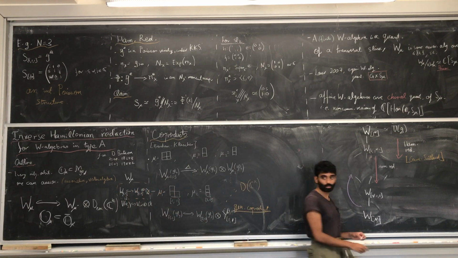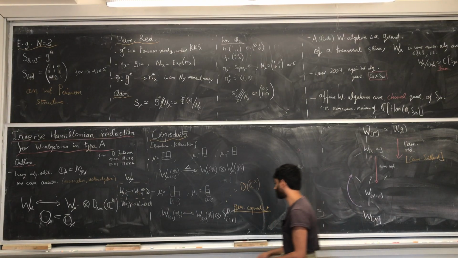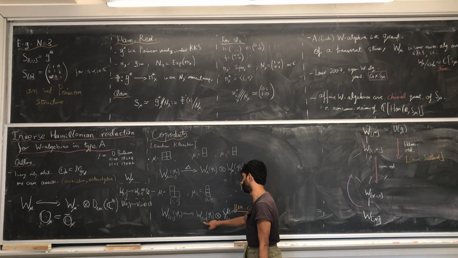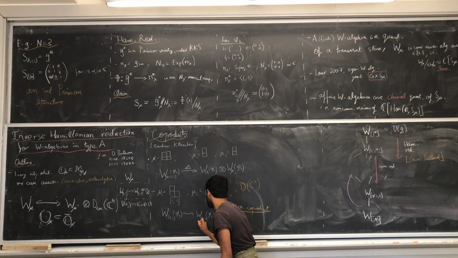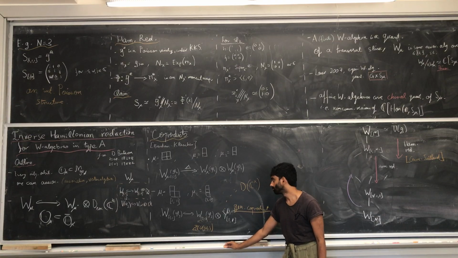What did you say was the center? Can you repeat things? So this guy W30 as an associative algebra is just isomorphic to the center of U of GL3. And what is the superscript 0, 0?